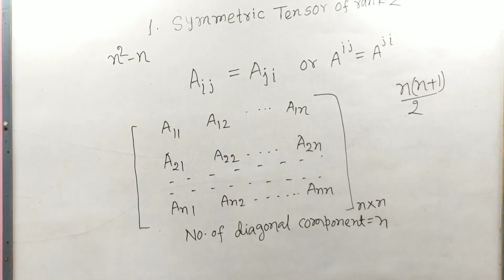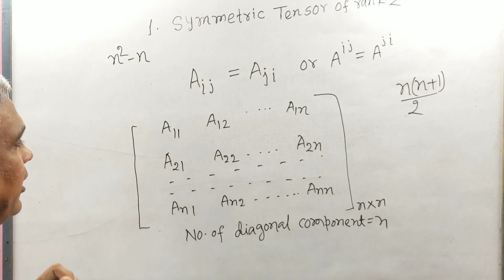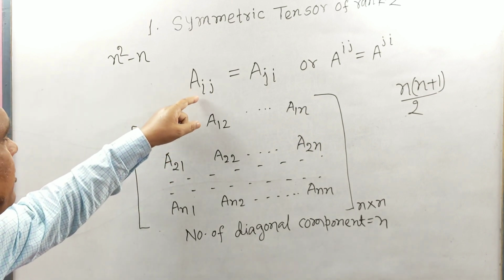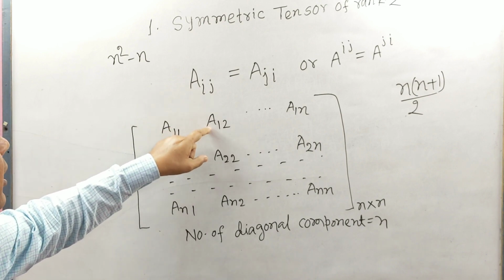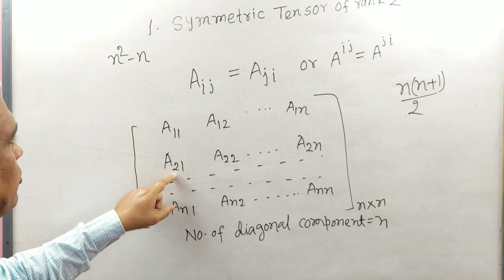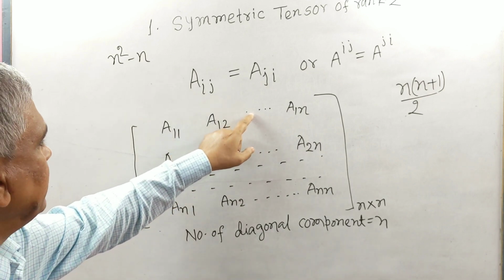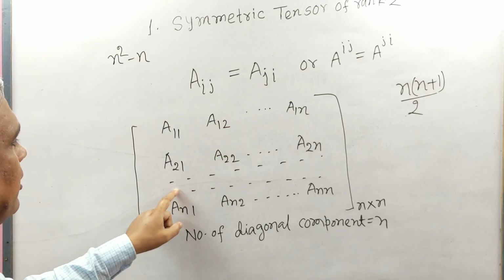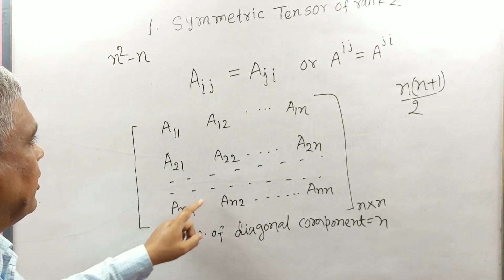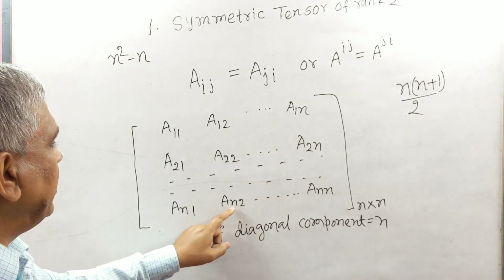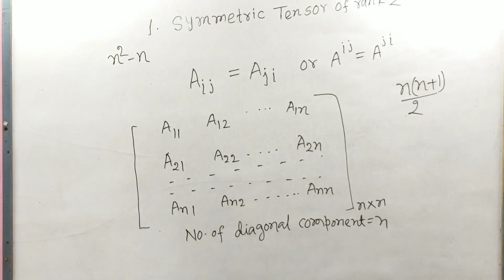But among non-diagonal components, due to the property of symmetric tensor, A12 equal to A21, A13 equal to A31, A1n equal to An1, A2n equal to An2.